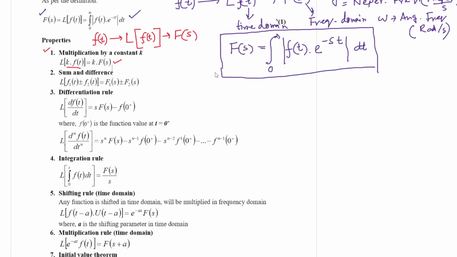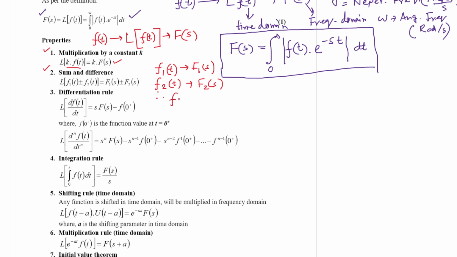Now the second important property is sum and difference. Suppose we have two functions. First function is f1(t), its Laplace transform is F1(s), and we have a second function f2(t) and its equivalent Laplace transform is F2(s).